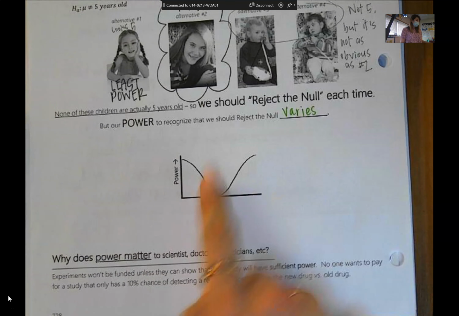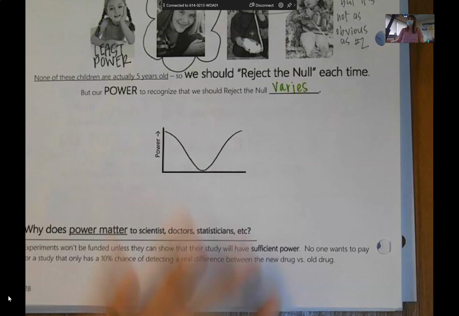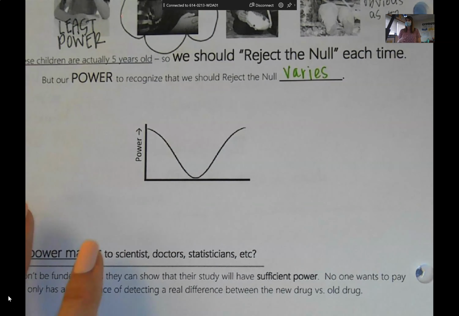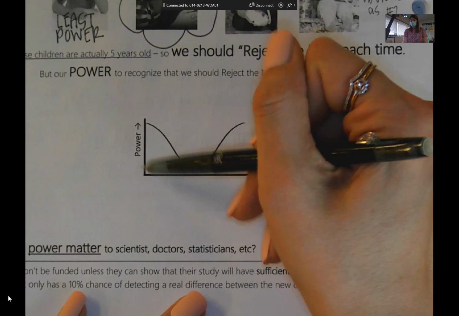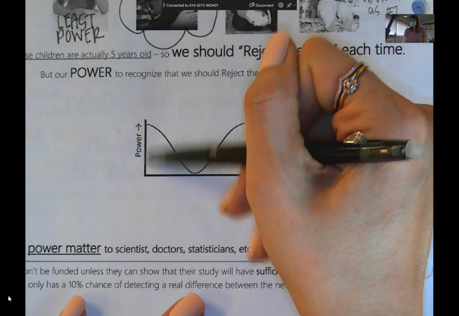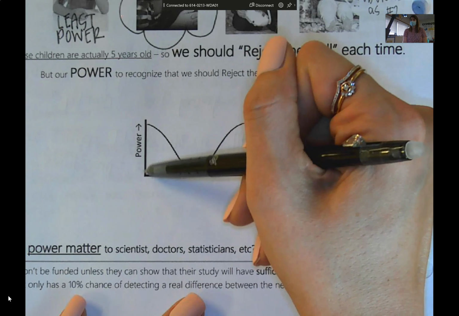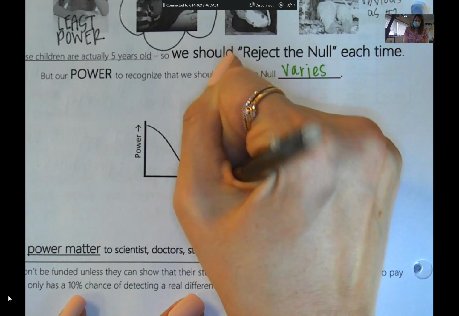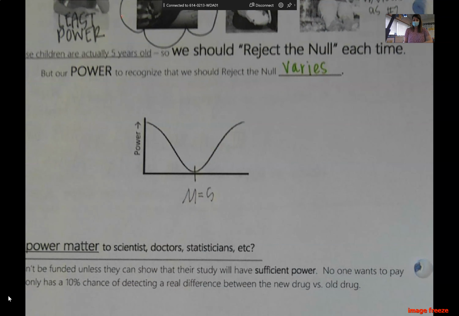This is a picture of how power is related to the graph of your samples. Notice that your y-axis is your power, so it starts at 0 and can increase. This value here is that mu is 5. Remember, the claimed value is always in the center.